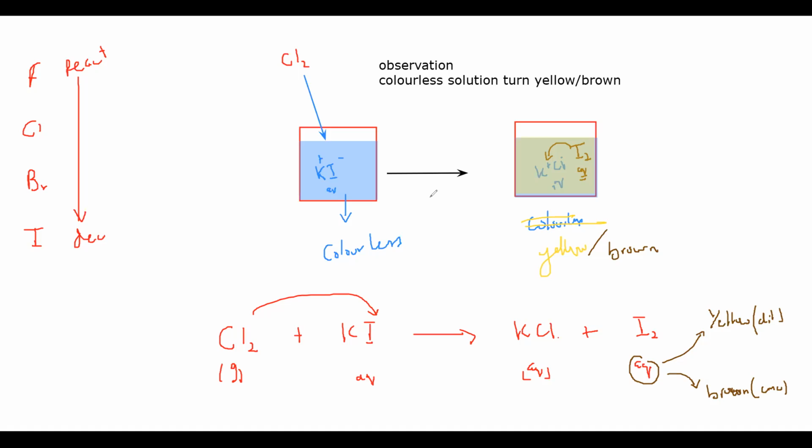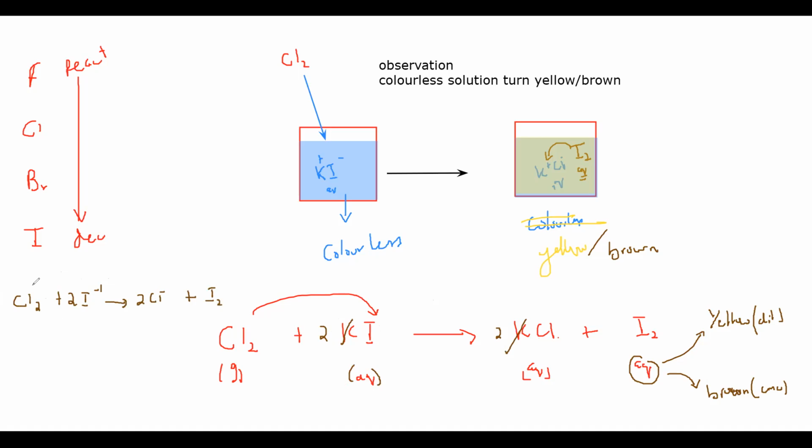So if I want to write an ionic equation for this, you can see I will cancel out the common ion in aqueous. When I cancel out the common ion, potassium is common, so I will cancel it out. This equation was not balanced, so I put 2 here. So the ionic equation will be Cl2 plus 2 iodide ions gives 2 chloride ions plus iodine molecule.